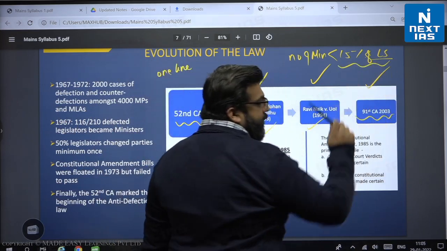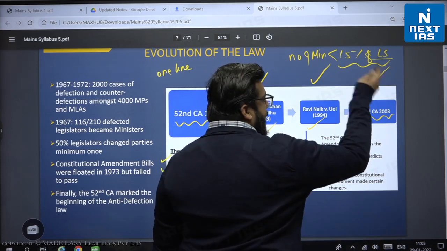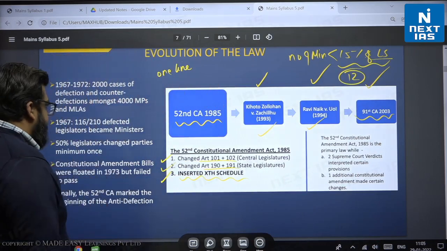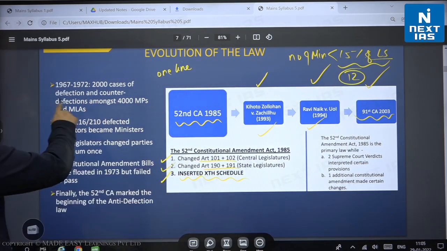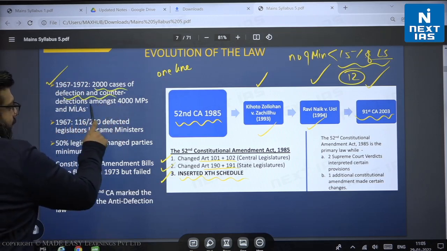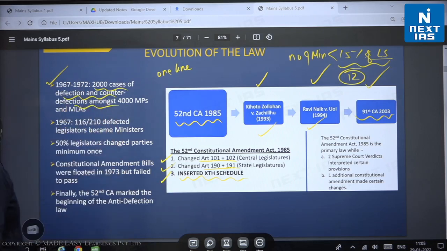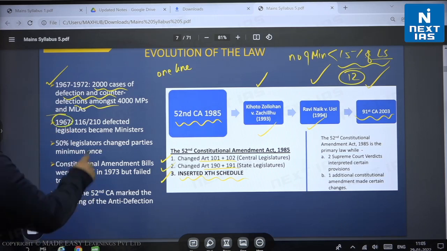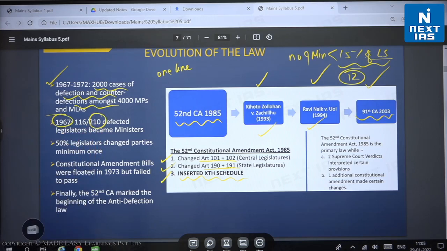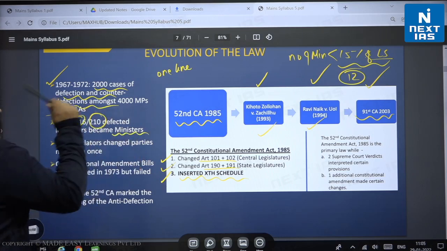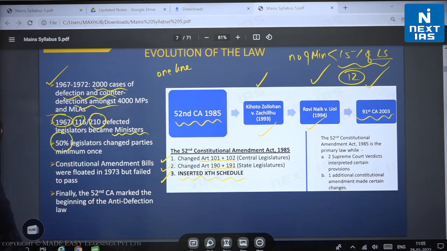This is also true for states. Not more than 15% of the strength of legislative assemblies of the states, and with a minimum guarantee of 12. As Arunachal Pradesh, Sikkim have special exemptions. And as I was telling you, between 67 to 72, you had more than 2,000 cases of defections and counter defections amongst the approximately 4,000 MPs and MLAs. इतने बुरे हाल हो गए थे 1967 में that out of the 210 defected legislators, MP, MLA, 116 had directly become ministers, and almost 50% had already changed their party once.